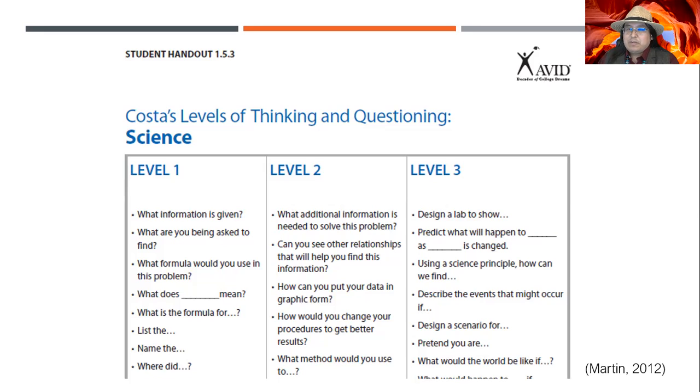Taking cellular respiration into the 3rd level, we could say maybe design a lab to show cellular respiration. Instead of giving students directions to do their lab, now they're creating all those steps, they're documenting, they're creating that process, and maybe their format, how they present that information, is a PowerPoint.